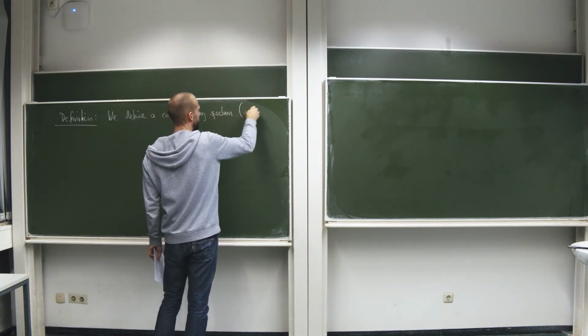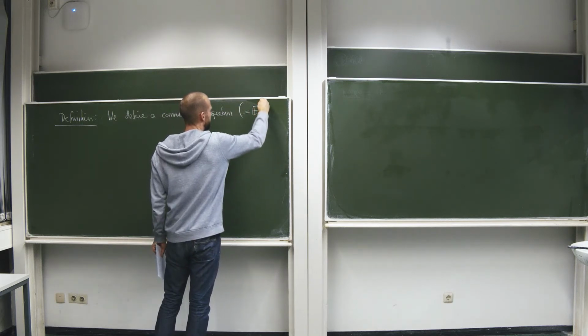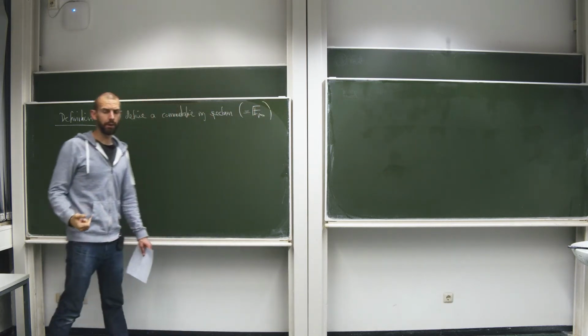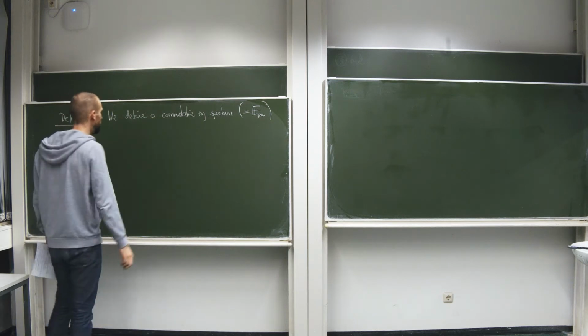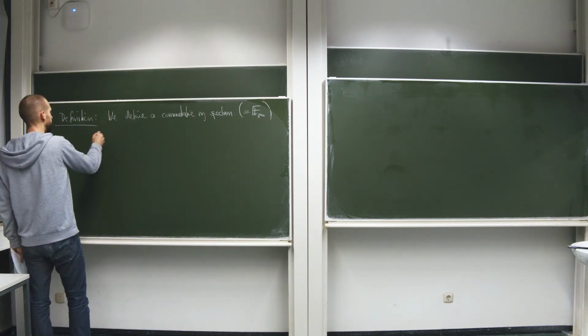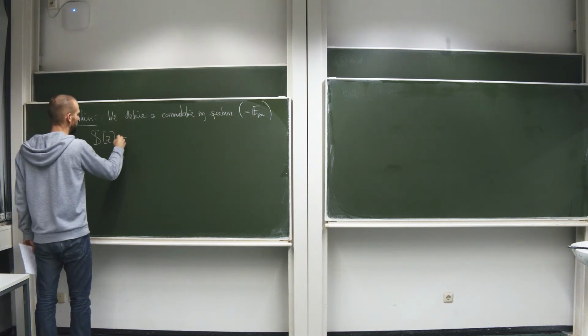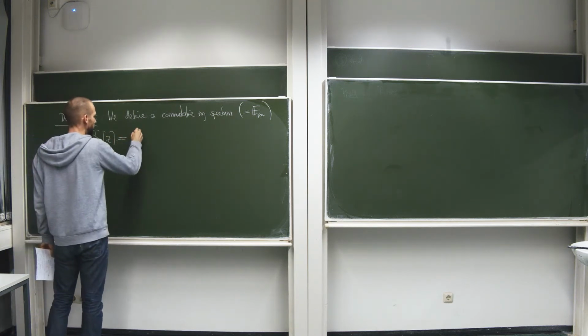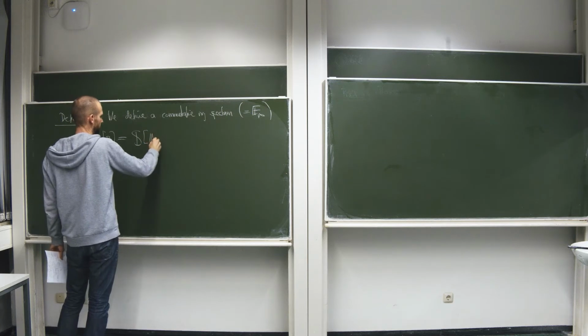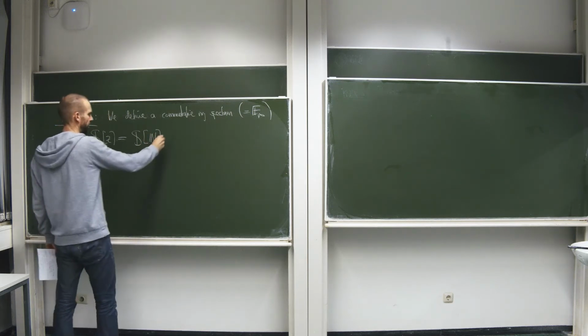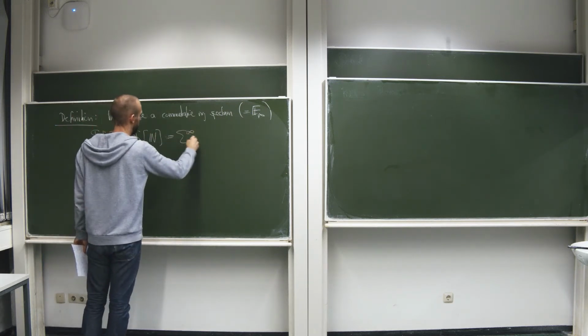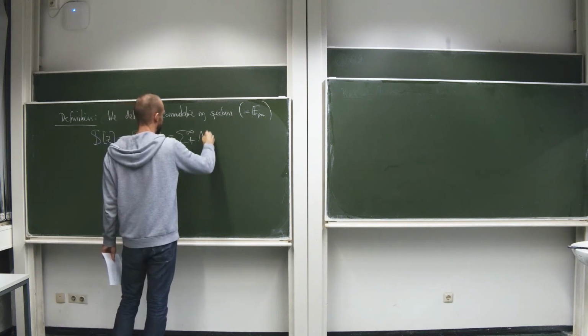By commutative we shall always mean E-infinity. We're not working with anything less structured. A commutative ring spectrum S[N], which is by definition the spherical group ring of the natural numbers. This is defined to be just the suspension spectrum of the natural numbers.